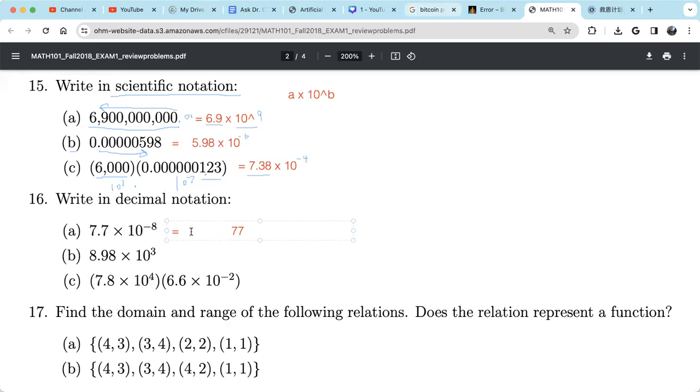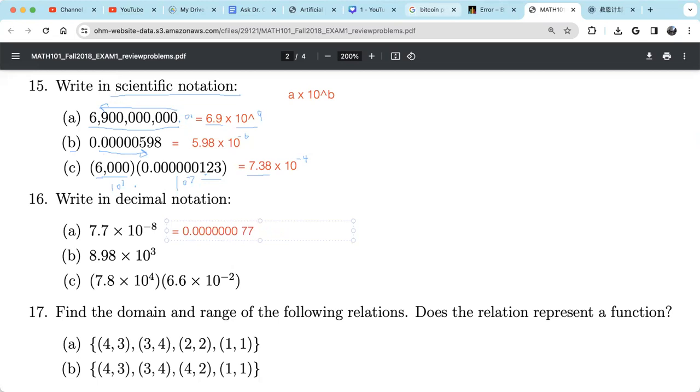That means I need to add zeros here. How many zeros? I have to move the decimal point from 7 to the left for 8 places. So I need to put 8 zeros here. So that becomes 0 point, so first 0 has a point, 0 point, 1, 2, 3, 4, 5, 6, 7, 8.